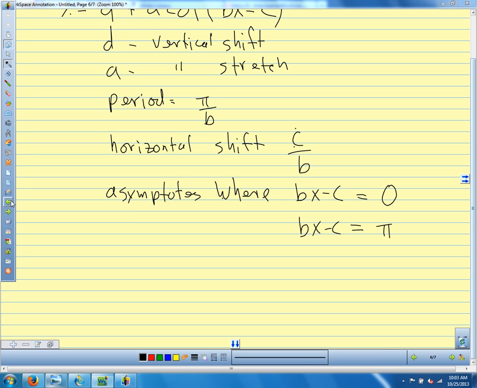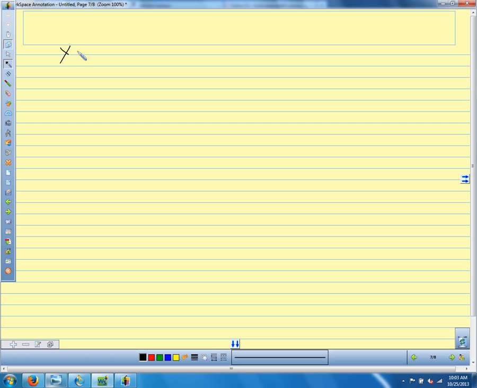So let's graph a cotangent function. y equals 3 cotangent of x plus pi over 2.